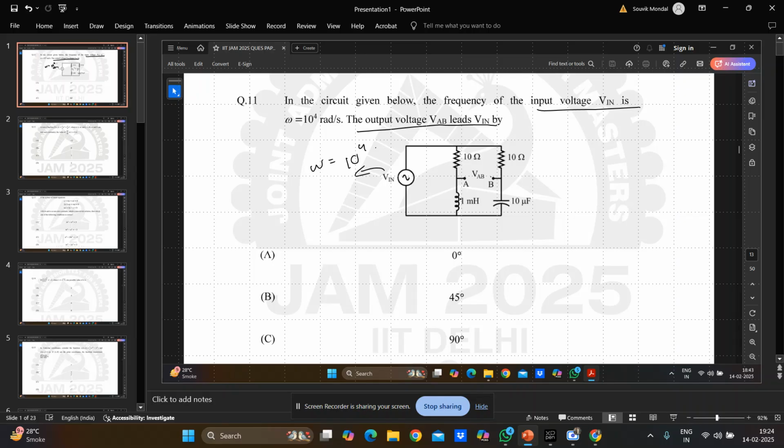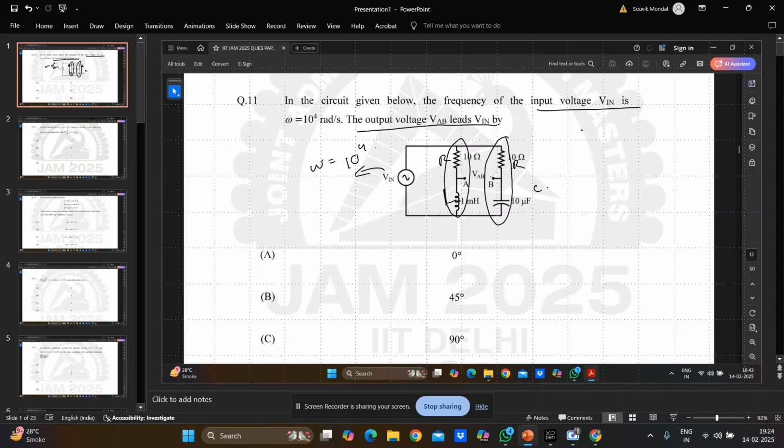Okay, this is an RL circuit, and this is an RC circuit, and they are basically parallel. So this experiences the same VIN, and this circuit also experiences the same VIN. So we basically have to find what is VA in this circuit and what is VB in the circuit, up to the phase. I mean, not the magnitude, but we have to find what is happening to the phase.